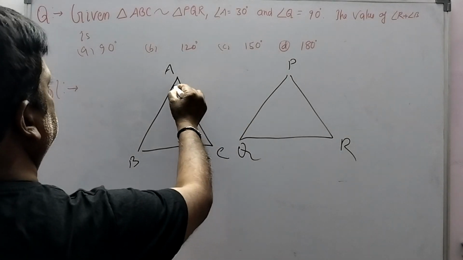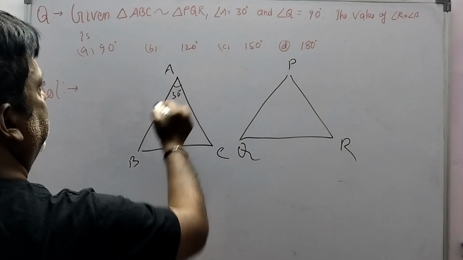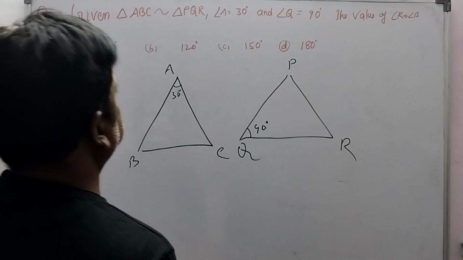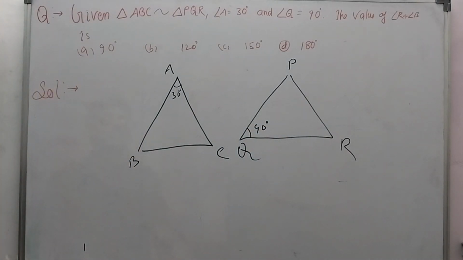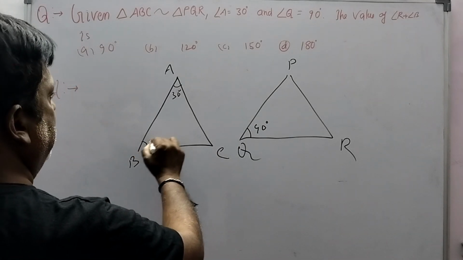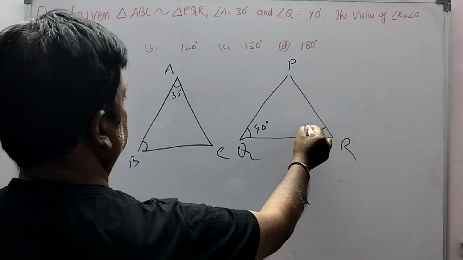Angle A 30 degree, angle Q 90 degree. So the value of angle R plus angle B.